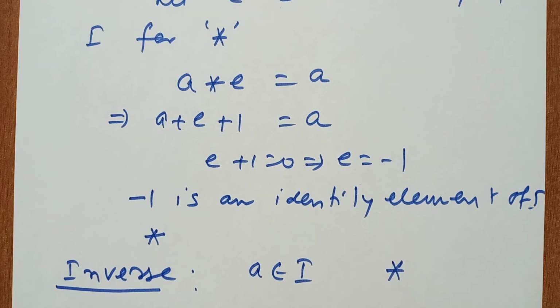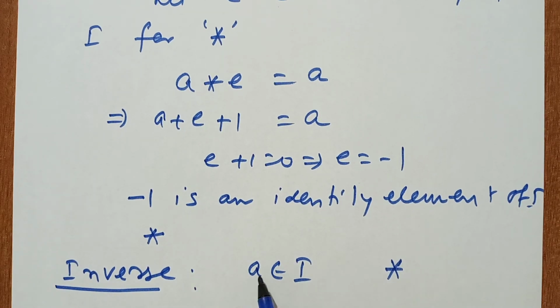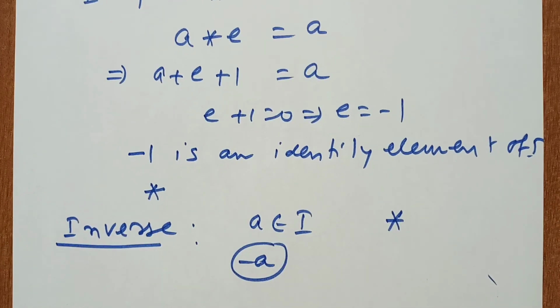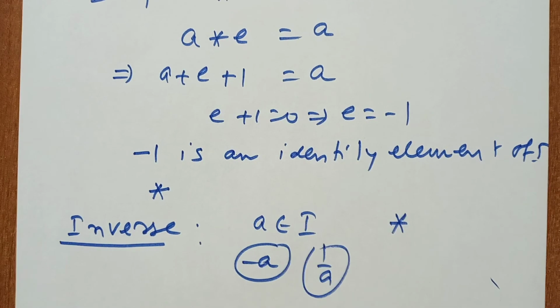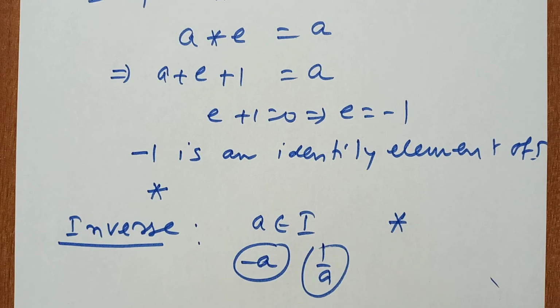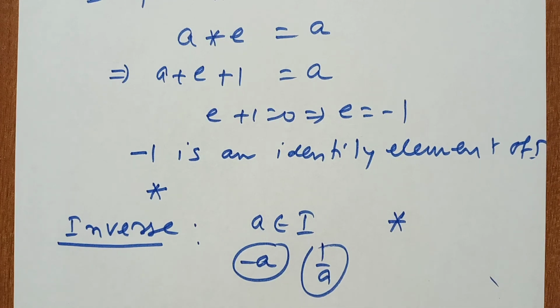If anyone asks what is the inverse of A in I with respect to addition, it is -A. What is the inverse of A with multiplication? It is 1/A. But in the case of star, what is the inverse? As we know, what is the property of inverse? In the case of plus, A plus (-A) is equal to 0.